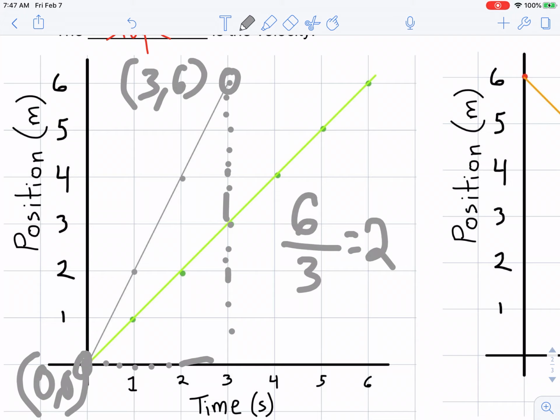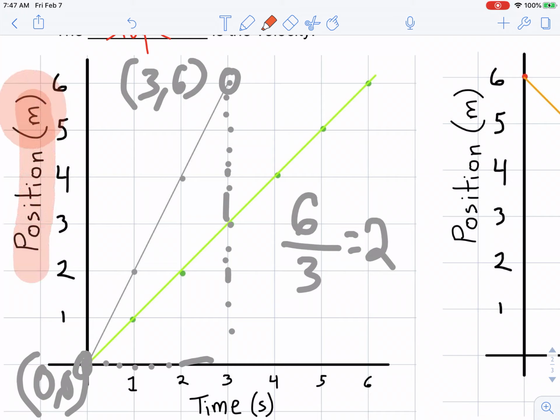But in physics, you never forget your units. The units of the rise, the variable is position, the units are meters, 2 meters, and the run, the variable is time, and the units are seconds. So the slope is 2 meters per second.